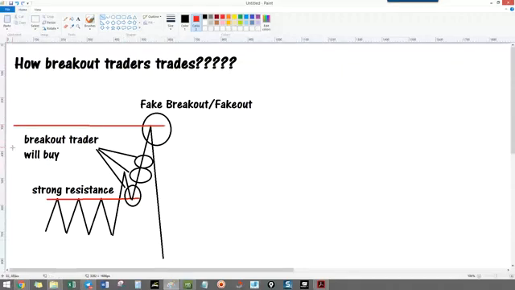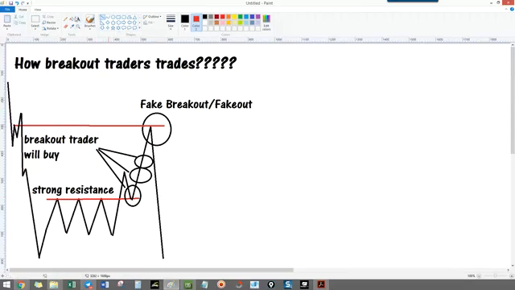Sometimes we have it like this, a small supply zone like this at the edge. For example, it's a drop base drop QM. So fake out is a reaction to the supply on the left.